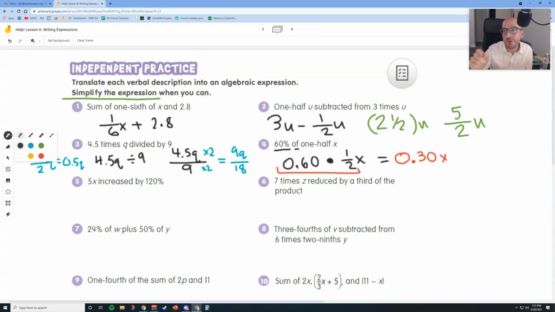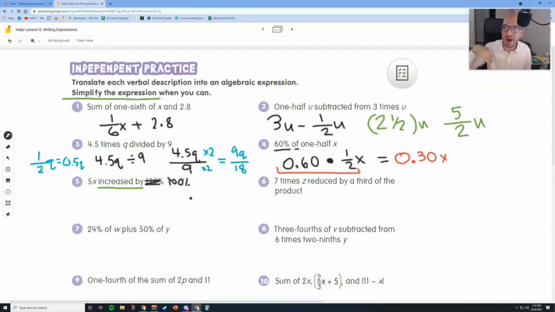All right. This is the one I'm seeing who watches this video, because this is going to be hard. 5x increased by 120%. Let's pretend this said 100%. What is 5x increased by 100%? That's almost thinking about like doubling it.